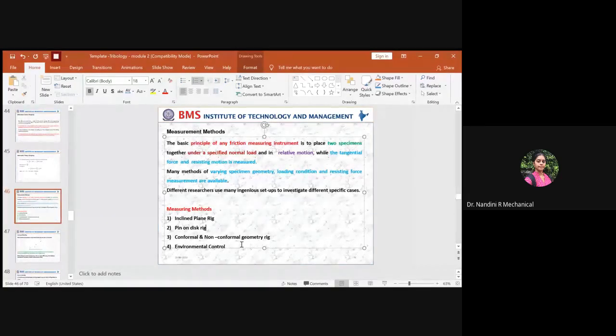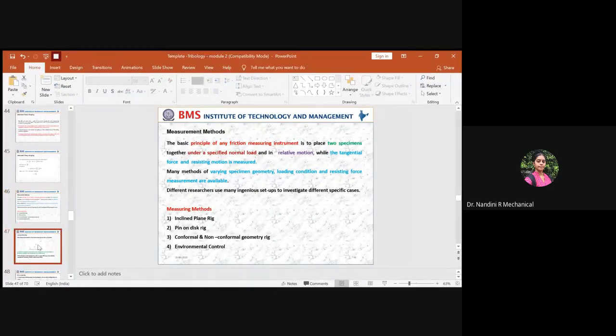Everything plays a vital role. So with so many constraints, you should be able to select the best feasible method to get the right value of the coefficient of friction for those particular specimens, okay?